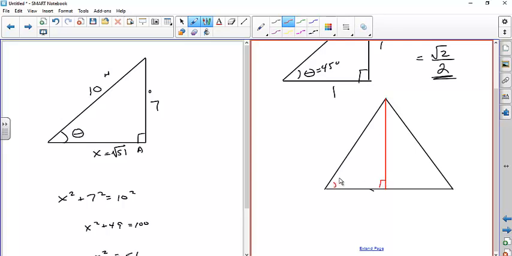Remember, in an equilateral triangle all of the angles are 60. This is 60, that's 60, and that's 60. So as a consequence, this is 60, and this one is broken up into two parts, 30 and 30.